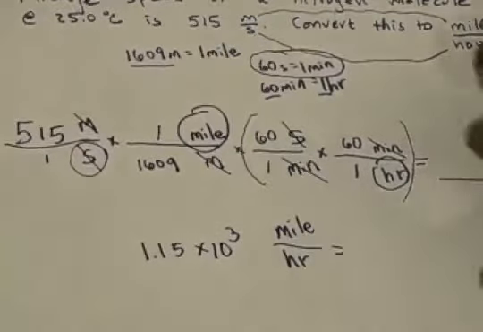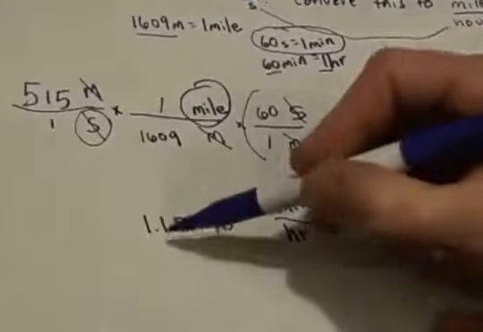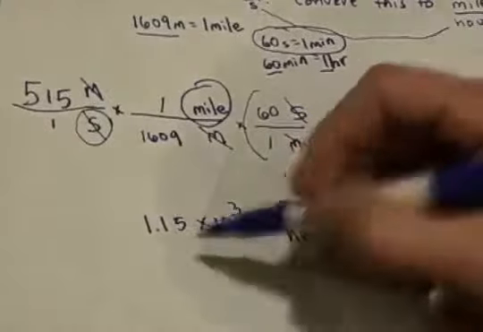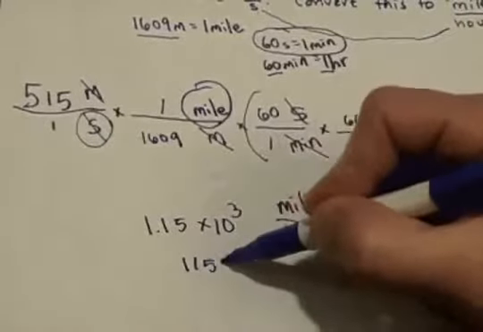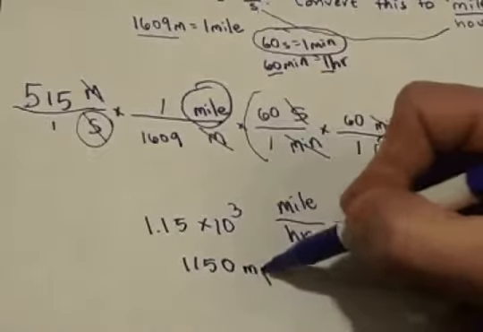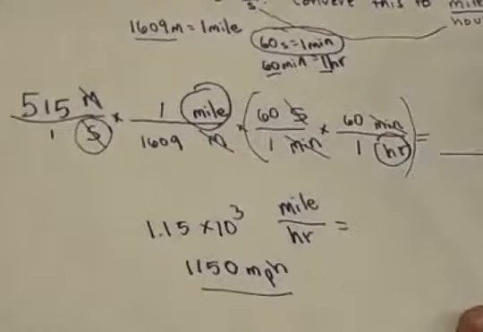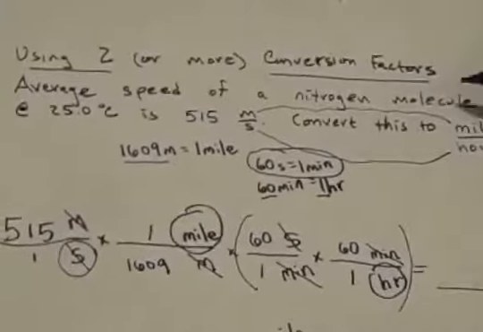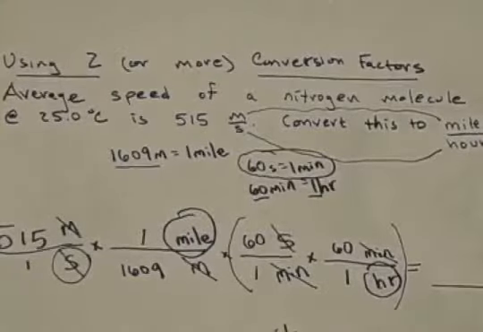Or if we didn't write this in scientific notation, remember we'd move the decimal point 1, 2, 3 places to the right, and so it would be approximately 1150 miles per hour. Fairly speedy for something as tiny as a nitrogen atom, or a nitrogen molecule, I'm sorry.